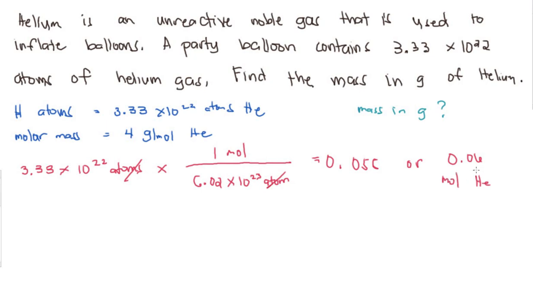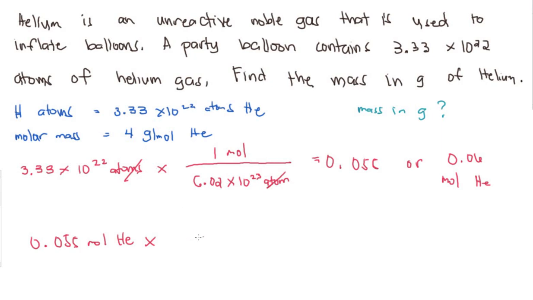Next, this mole of He we will convert into grams. We have there the given, the 0.055 moles of He, multiplied by the grams per mole.